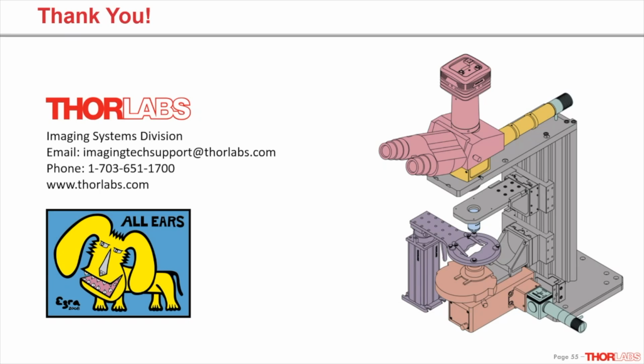I'm a little bit confused by the question. I guess you could refer to the Kohler pathway in terms of the imaging side of the pathway, but I'm not familiar with that.